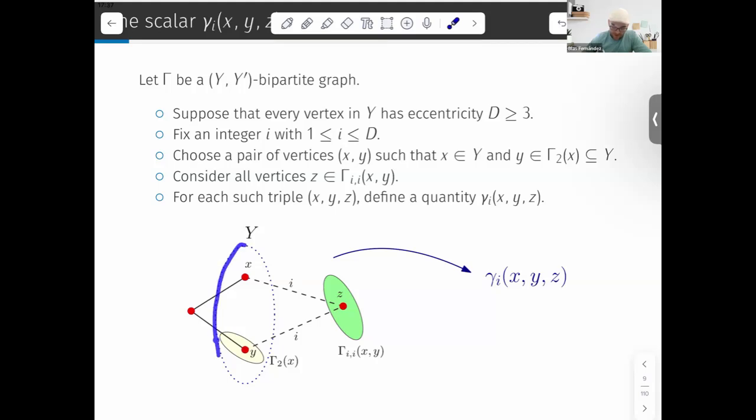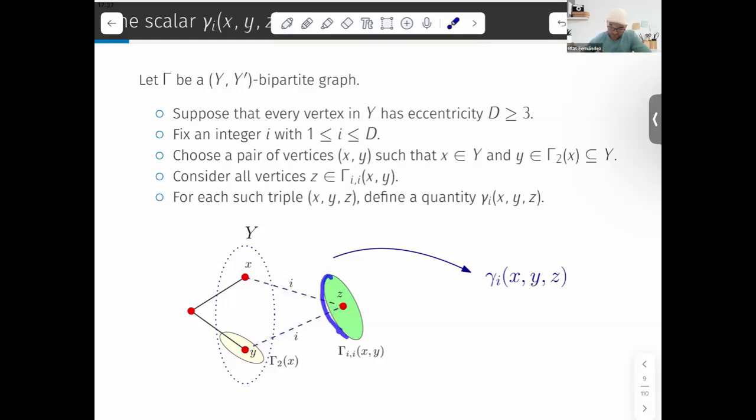So we have our graph, our bipartition Y, and we pick two vertices x and y, x in Y and y at distance 2 from x, and we have a fixed integer i. Now we consider all vertices which are at distance i from both of them, at distance i from x and at distance i from y.